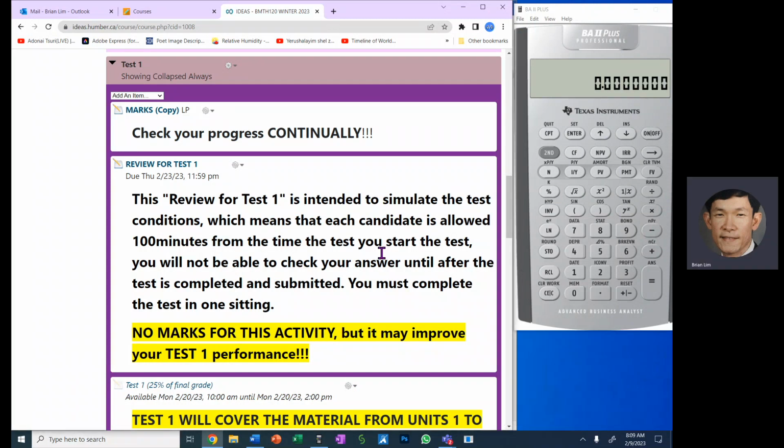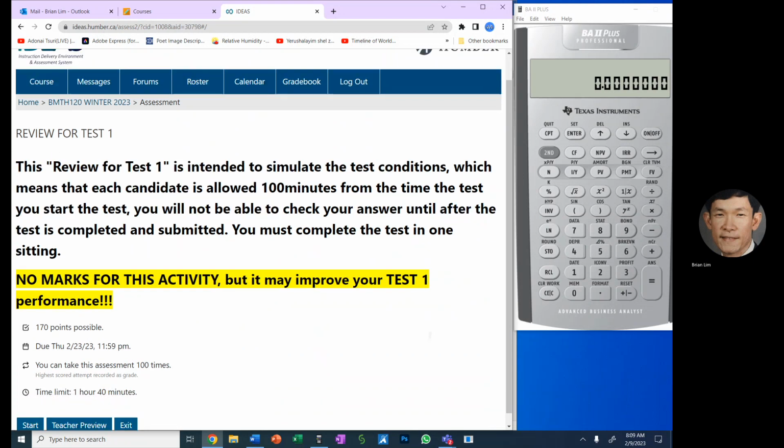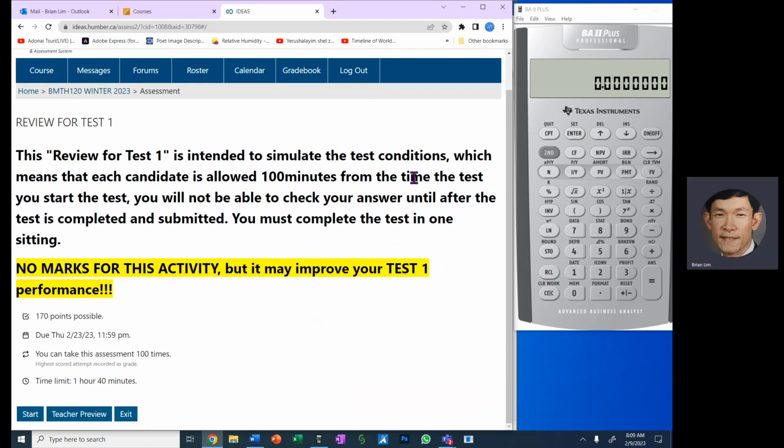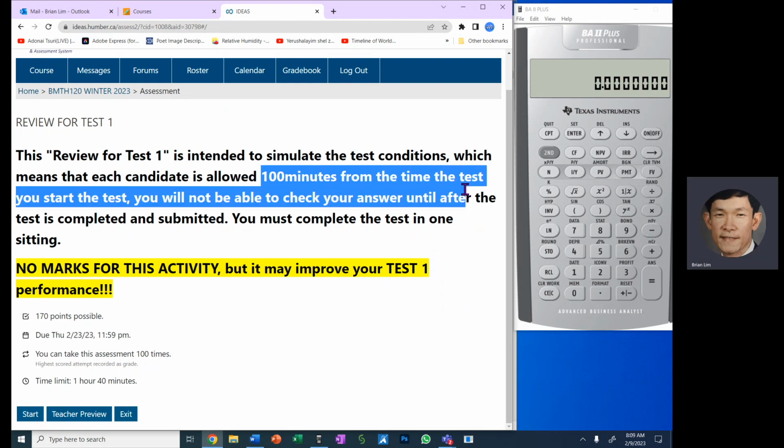Okay, so this is the review for test one, and we will start. It is intended to simulate test conditions. It means that each candidate has about 100 minutes from the time you start the test.